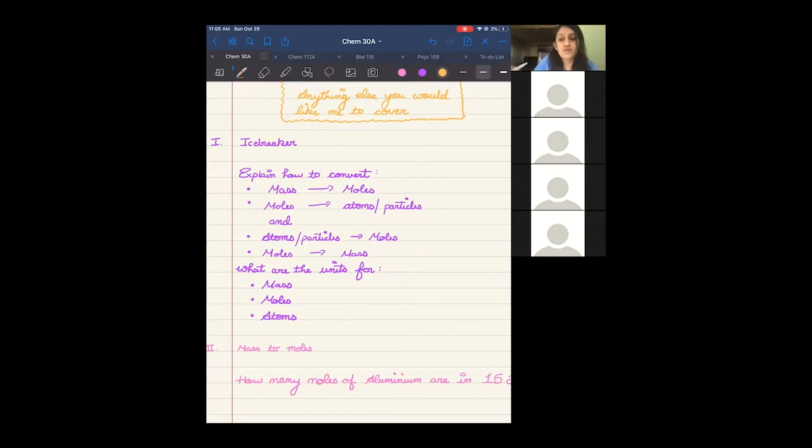So when we convert from mass to moles, we are using the molar mass, and from moles to atoms or particles, we are using Avogadro's number.